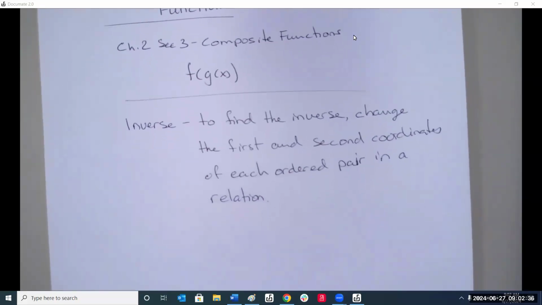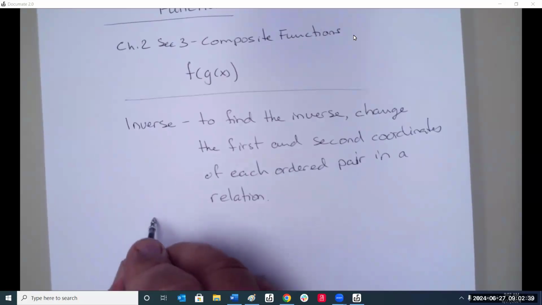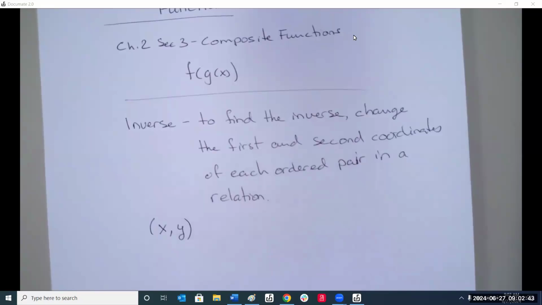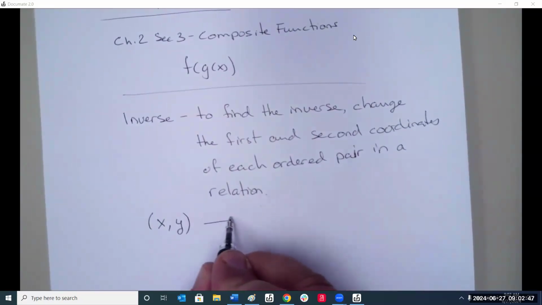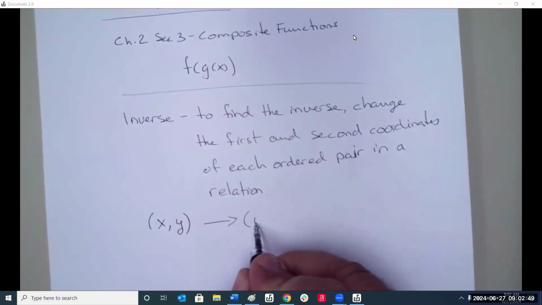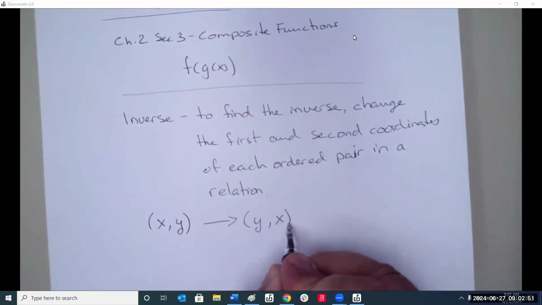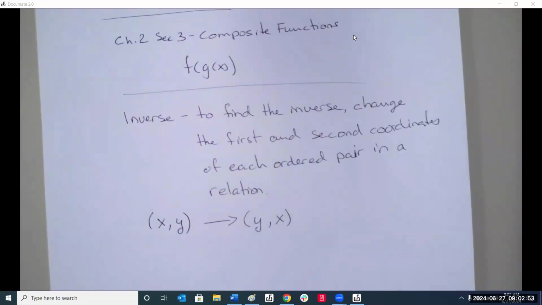That sounds mathematical. So an ordered pair is (x, y). To find the inverse of it, just switch x and y. That's what it's telling you.